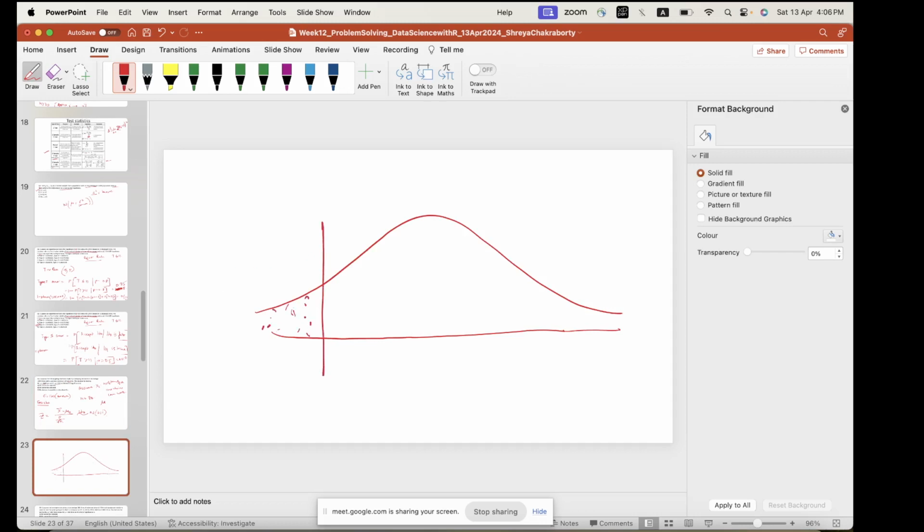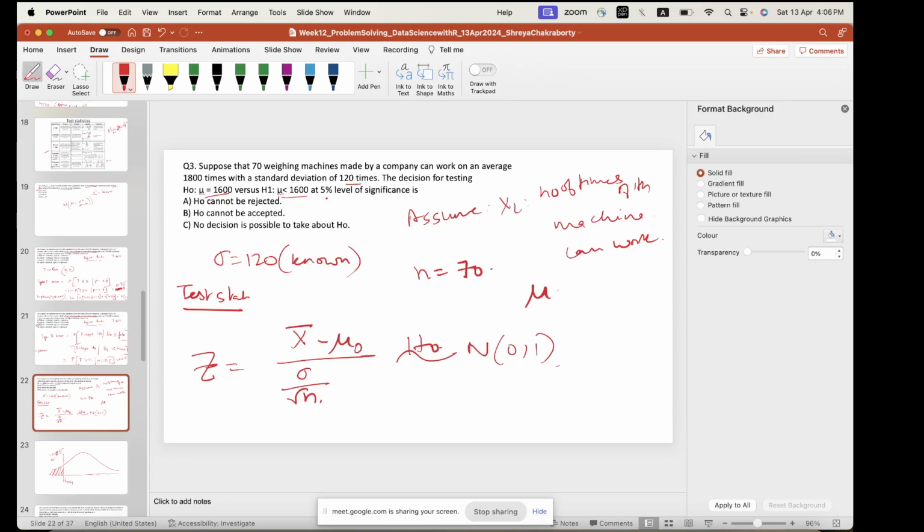Now we have to determine this critical point such that the area below this is alpha, that is 0.05. That is our level of significance. We have been given 5% level of significance.